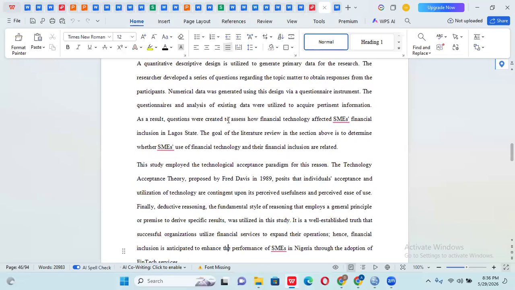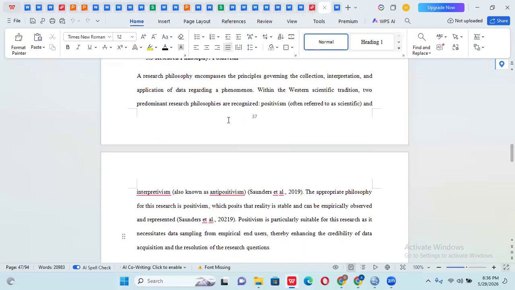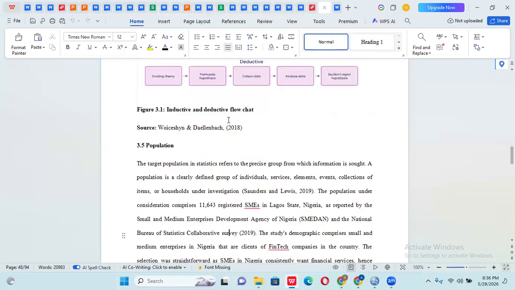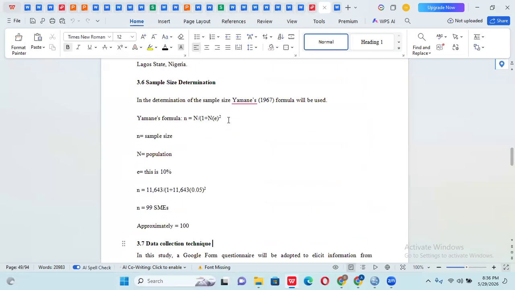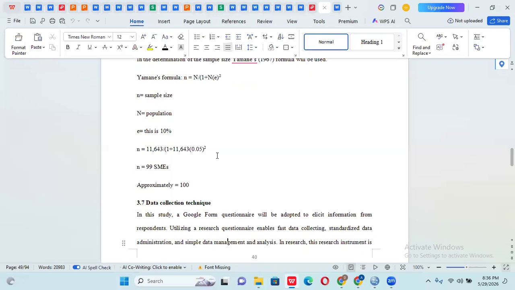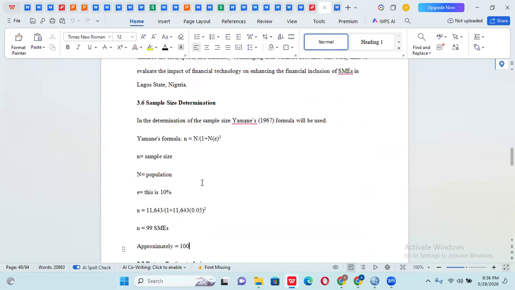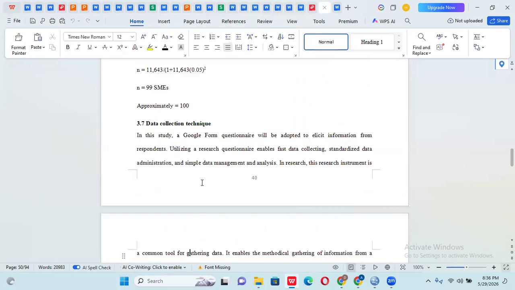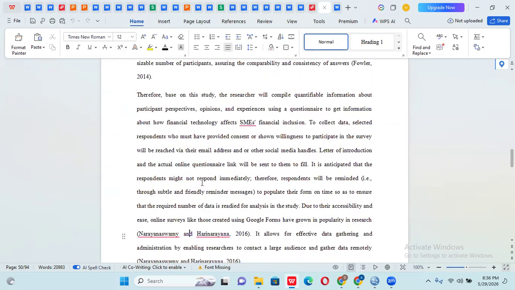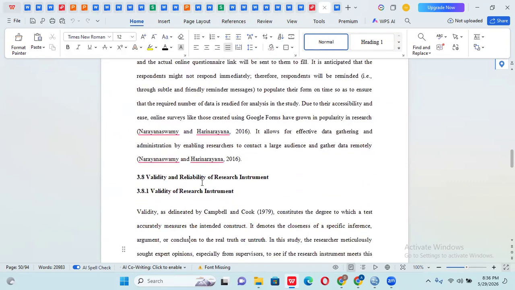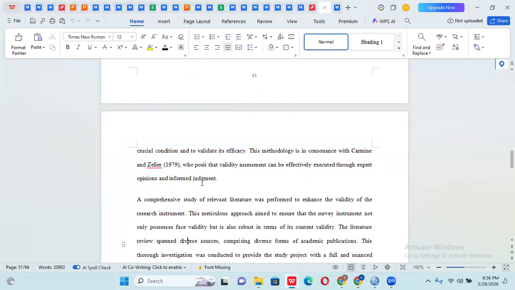The sample size is 100, meaning that my data must be 100 or above. For the data collection technique, Google Form was used to collect the data, then it was sent to Excel, and from Excel it was converted to SPSS.